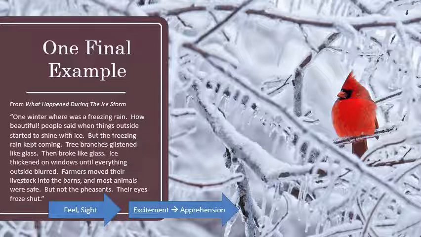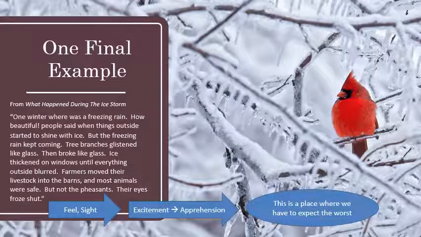Underlying all of this excitement is the apprehensiveness of, well, what is going to happen? And what that creates in us is the sense of how the author feels toward this place: that despite everything, we have to expect the worst. That it's unforgiving, right? Despite our excitement, we have to pay attention to this apprehension.